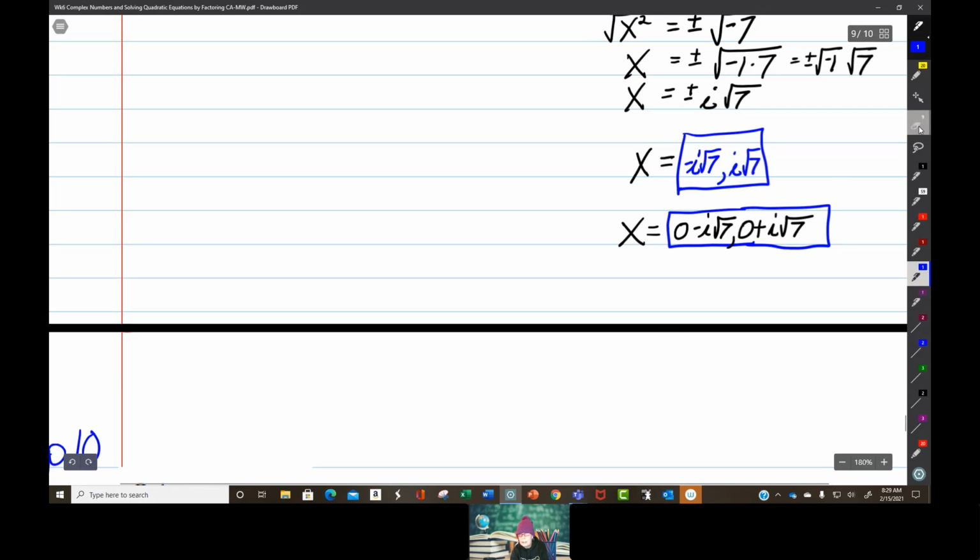No, because I wouldn't put the i first, would I? Let's do that again. 0 minus the square root of 7i, make sure it's outside the radical, 0 plus the square root of 7i. There you go.